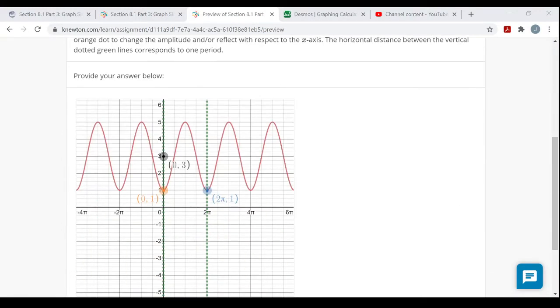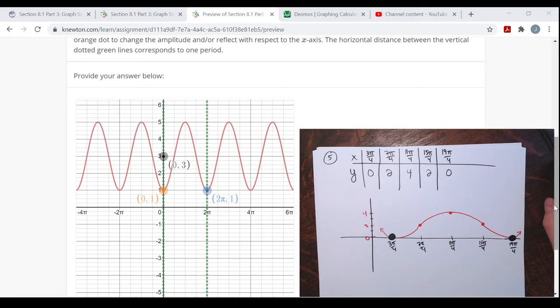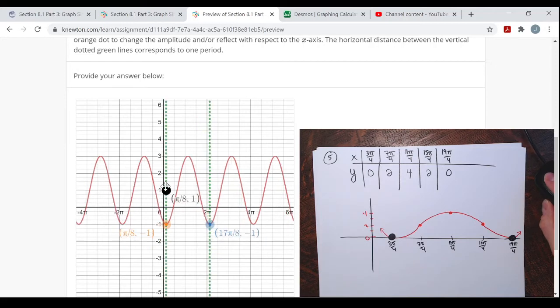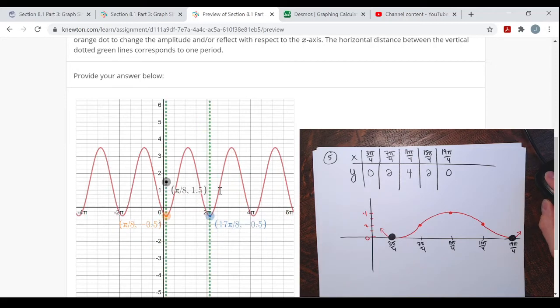All right, so here it is again. I'll pull up my picture. So I'm starting off here at the point 3 pi over 4 comma 0. So that's where I'm moving the black dot. All right, so this is unusual. It looks like the black dot is at the midline.